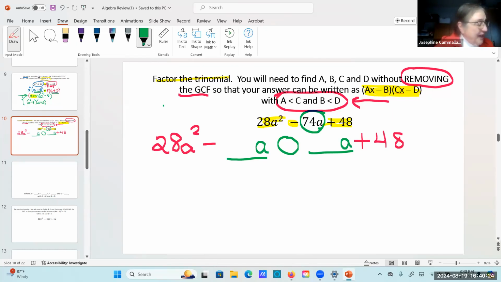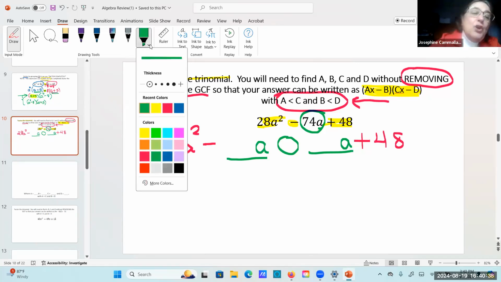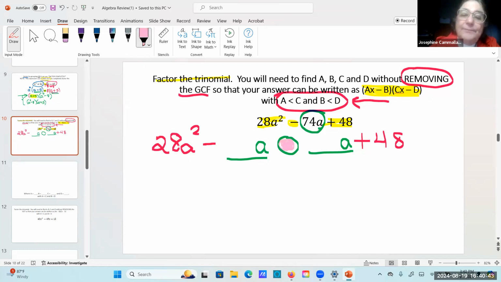But here comes the fun part. Oh, I can tell you're so excited. How do we determine how to find the factor? Well, first off, go right here to this circle. Okay. This circle is crucial because it's going to tell you what combination of numbers I'm going to need.